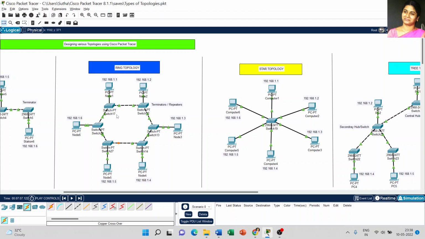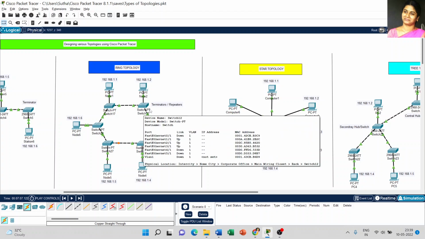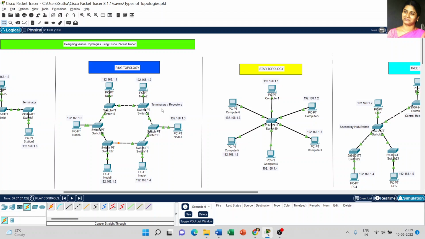So here, when we are connecting switches, we use copper crossover, and when we are connecting a PC with a switch, I used copper straight-through. How can we differentiate them? The dotted lines are copper crossover, and the straight lines are copper straight-through. Next, the switches can also be called terminators or repeaters.